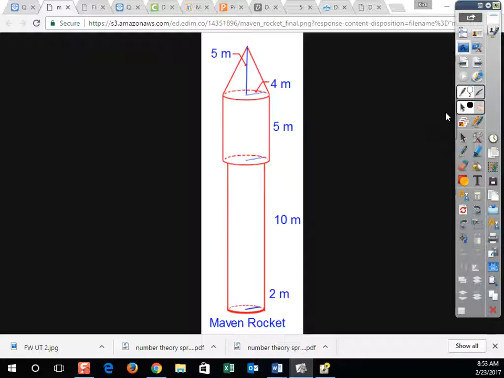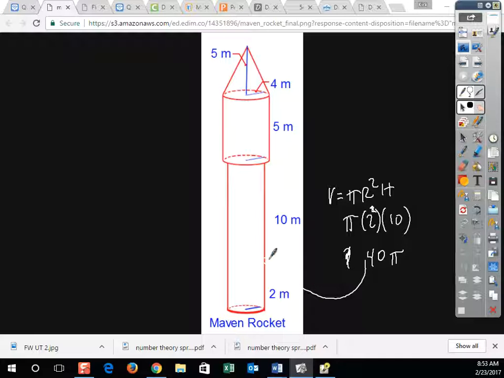So we have three shapes. So we have a cylinder that we're trying to find the volume of, and the volume of a cylinder is going to be pi r squared h. So we have pi times the radius, which is 2, times the height, which is 10. So that's 2 squared is 4, so we end up with 40 pi.